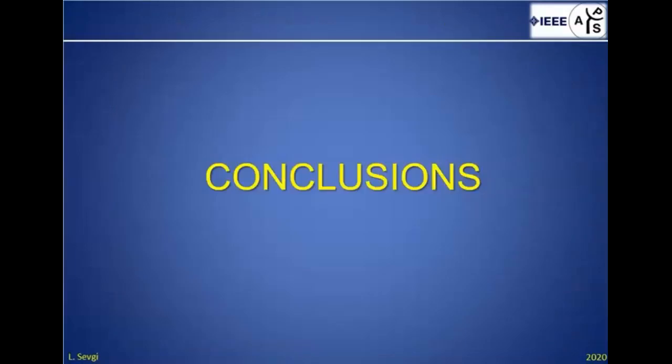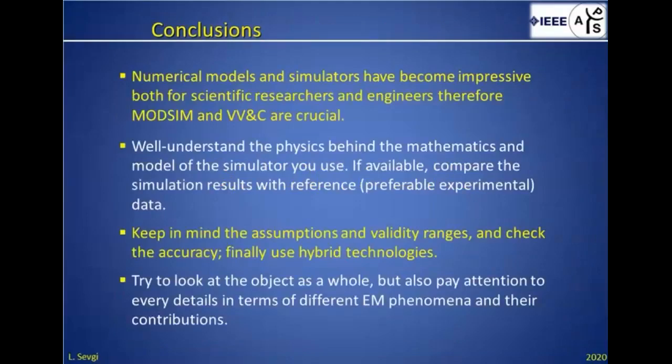Okay, now the conclusions. A few slides for the conclusions. Next slide. Okay. We have numerical models and simulators. They have become impressive for both scientific researchers and engineers. Therefore, modeling and simulation and validation, verification, and calibration have become crucial.